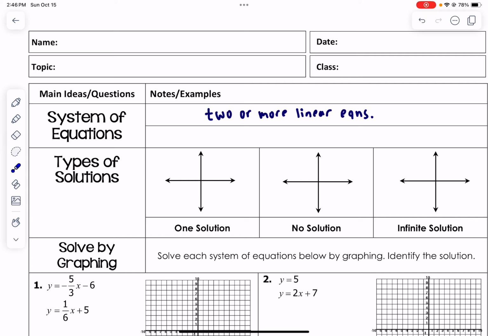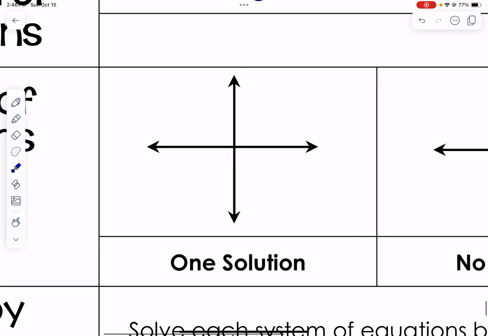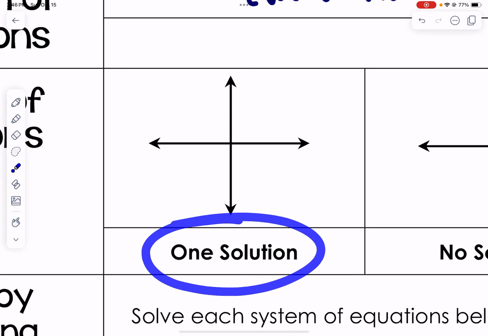In this systems of equations unit, we really just want to focus on the different types of solutions that you have. Whenever we're dealing with two linear equations graphed on a coordinate plane, a situation where you only have one solution would be this.